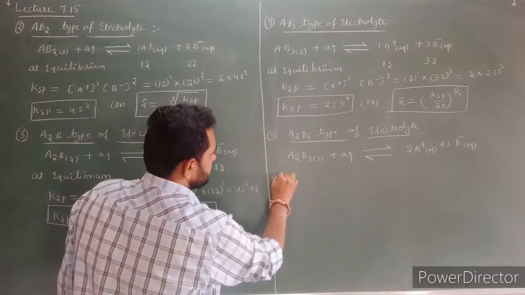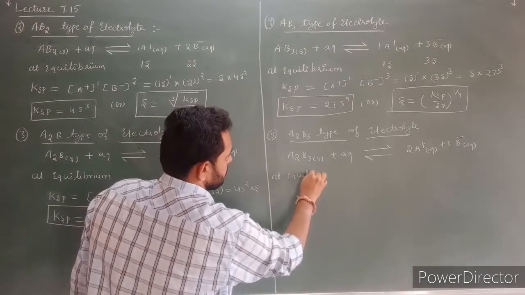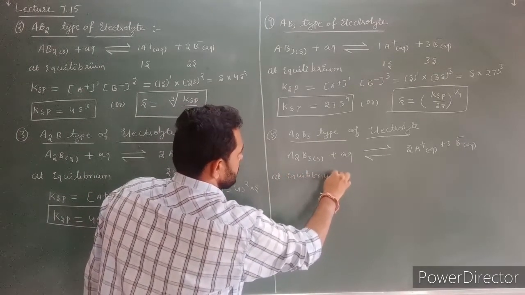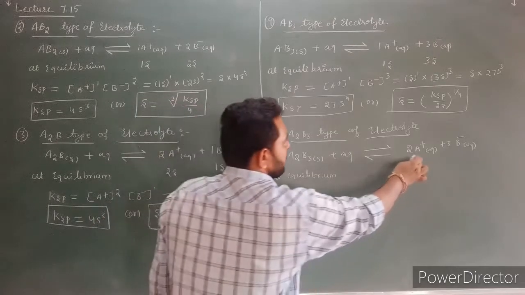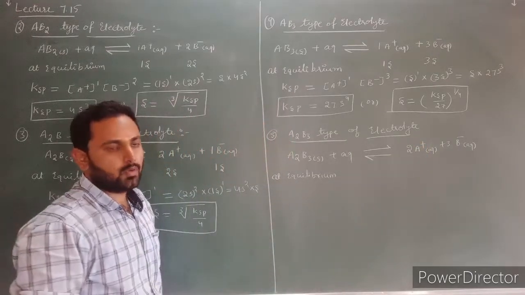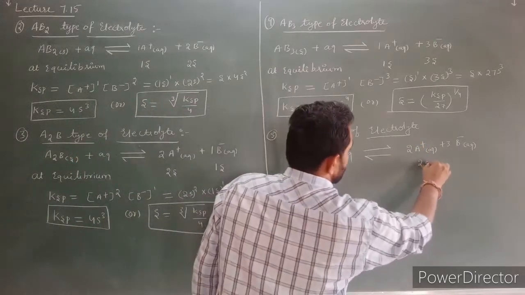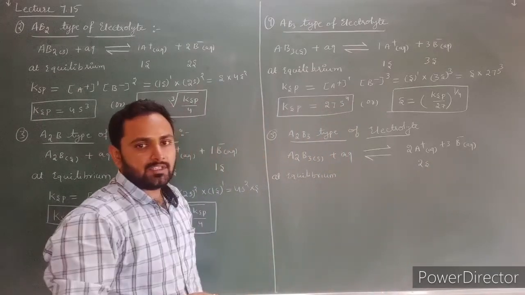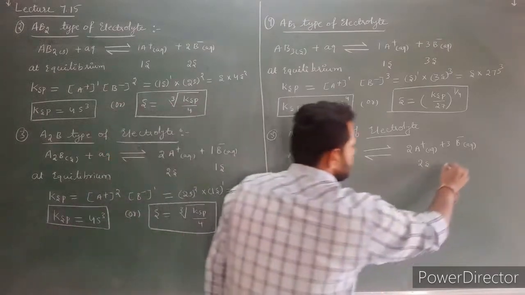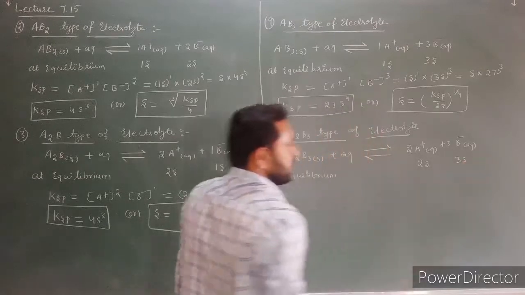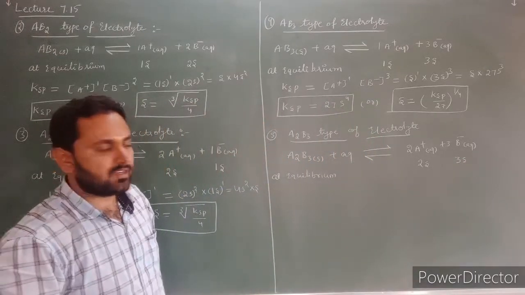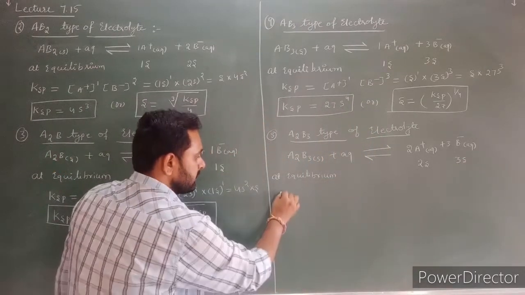At equilibrium, the solubility of 2 moles of A plus ion is equal to 2s. The solubility of 3 moles of B minus ion is equal to 3s. Now let us write Ksp mathematical expression for this reaction.